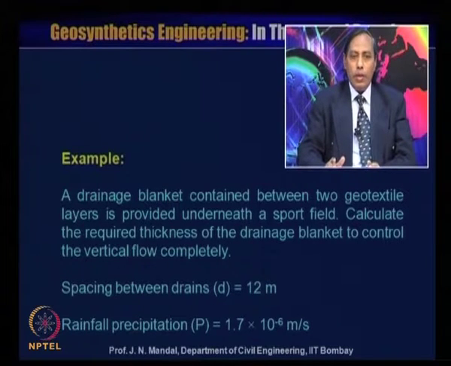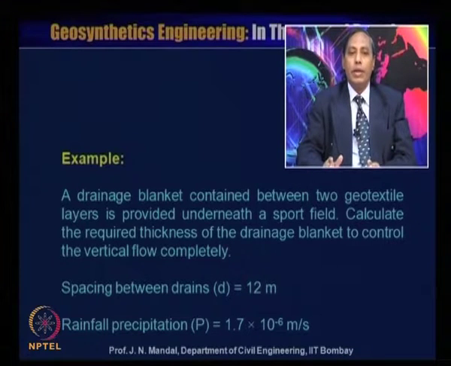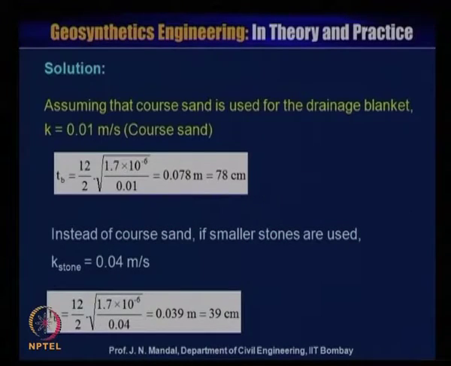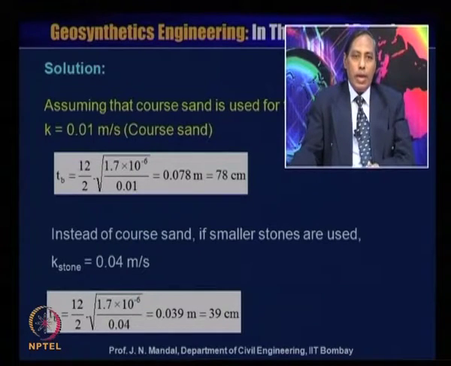Now, here spacing between the drains D is equal to 12 meter, rainfall precipitation P is equal to 1.7 into 10 to the power minus 6 meter per second. Now, the solution: assume that coarse sand is used for the drainage blanket. So, K is equal to 0.01 meter per second for coarse sand. Then you calculate what should be the TB.